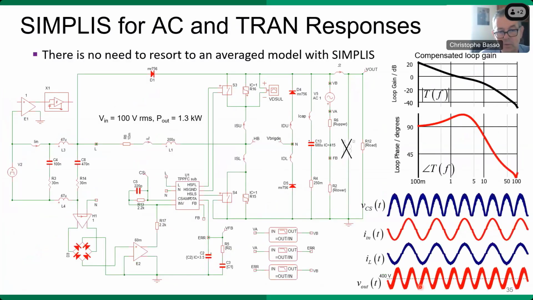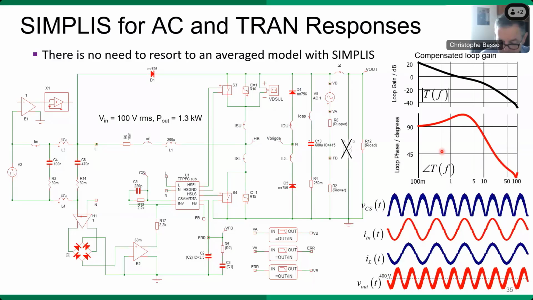I can also run the same TP-PFC using SIMPLIS, and I can extract the AC response and compensate the circuit without resorting to an average model. That's a very interesting thing as well. So if you have an average model, you need to go through it using LTspice. You could tell me, well, LTspice has the ability to do frequency response, to be a frequency response analyzer as well.